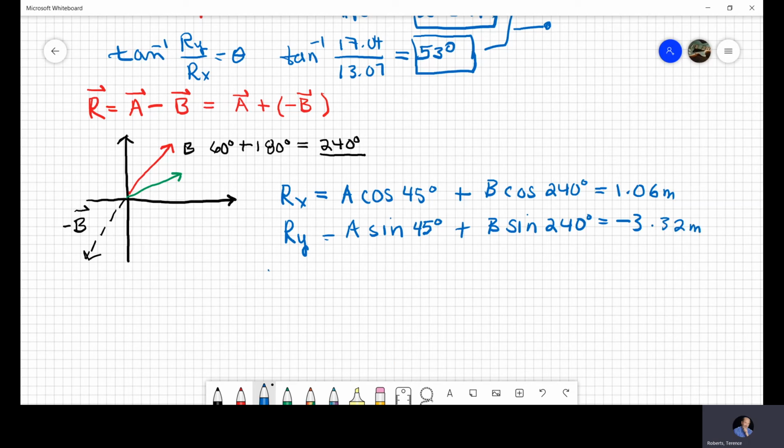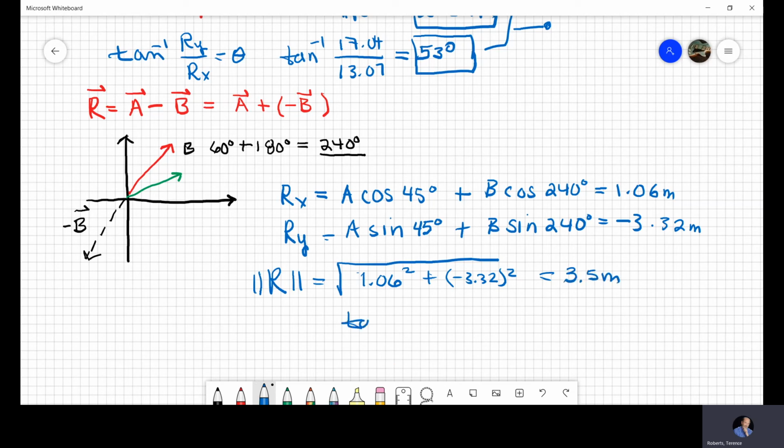And so then we do the same thing. We're going to find the magnitude, since we have these now. We have 1.06 squared, plus -3.32 squared, and this gives us an answer of, I believe, 3.5 meters.